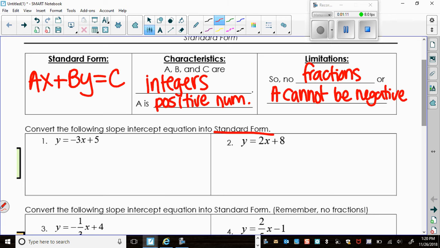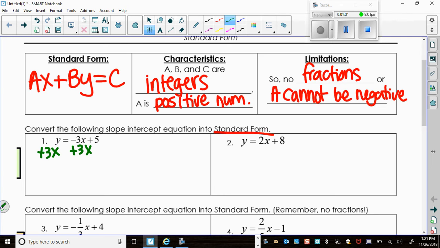Notice how from the original form, ax is the first leading term. So for y equals negative 3x plus 5, this negative 3x is what I want to move over first. Just like literal equations, I'm going to add 3x to both sides.